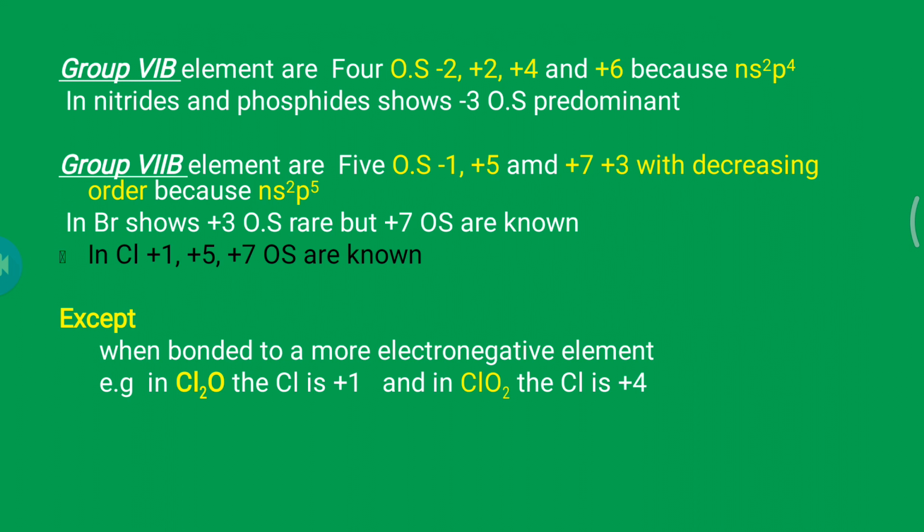These elements have 7 electrons in the outermost shell, so they prefer to gain an electron and the -1 oxidation state is more predominant.